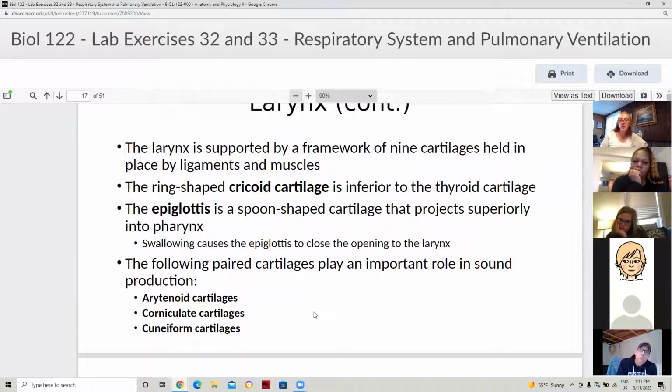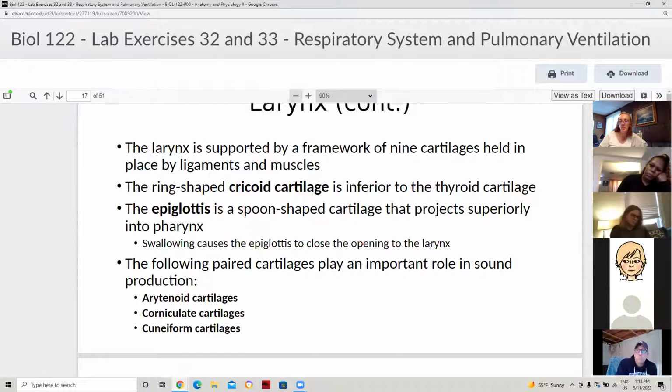The ring-shaped cricoid cartilage is inferior to the thyroid cartilage. The epiglottis is a spoon-shaped cartilage that projects superiorly into the pharynx. And swallowing will cause the epiglottis to close over the opening, and actually not to the larynx, close the opening to the trachea.